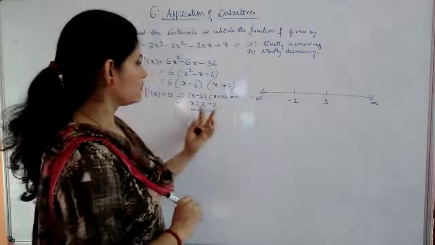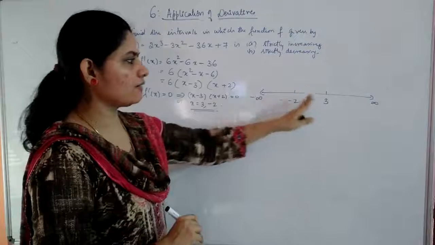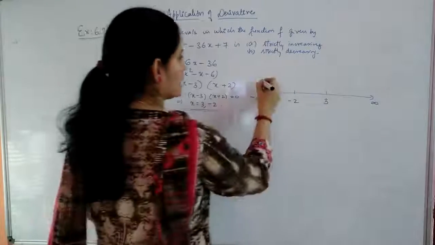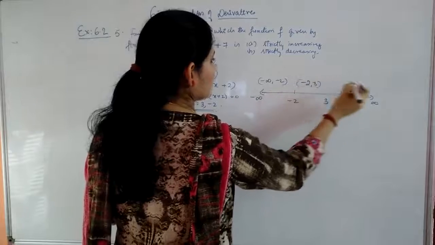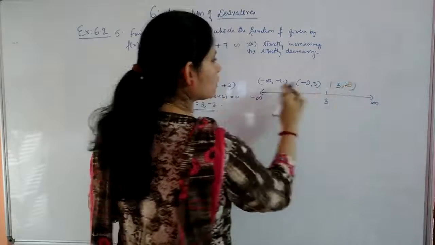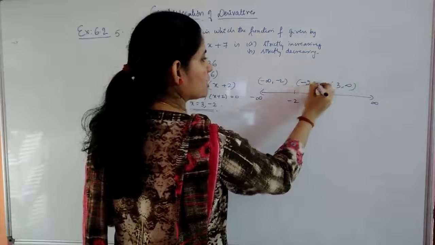So you have got two values of x, which means you have three intervals here: (-∞, -2), (-2, 3) and (3, ∞). We are taking only disjoint sets, that's why it is an open interval here.